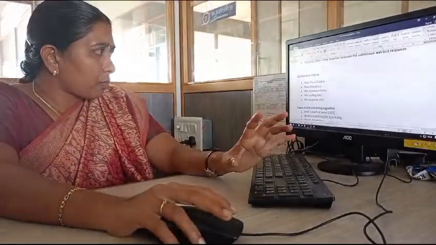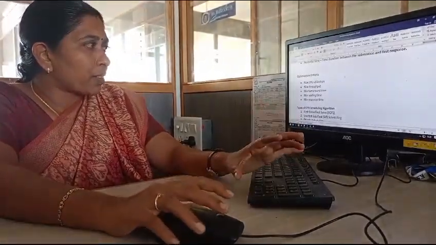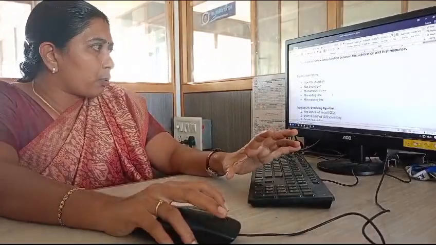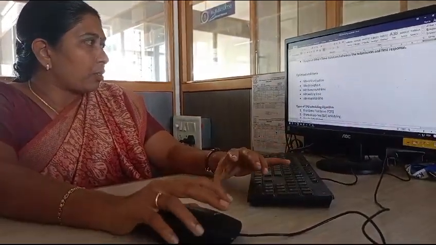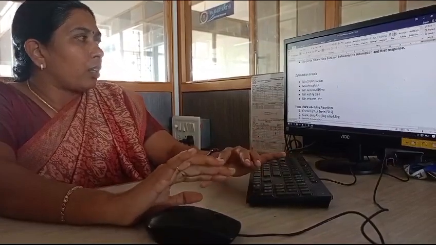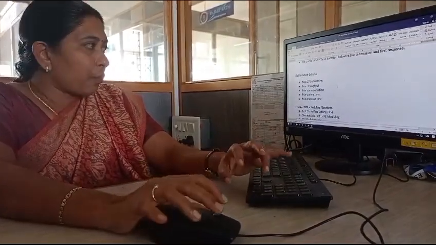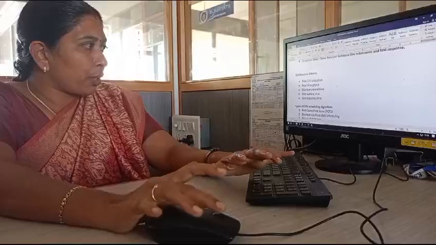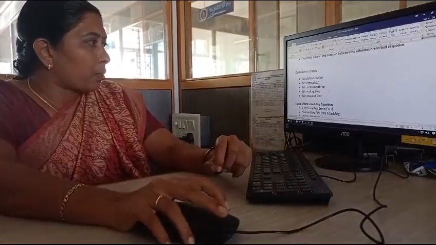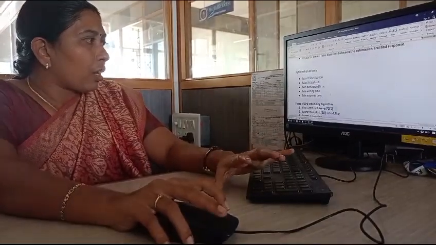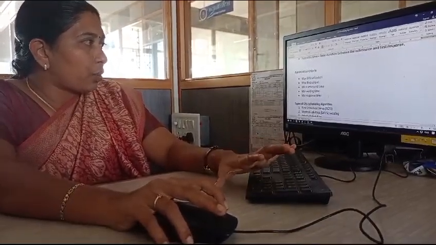For an optimized algorithm, these are the key points which are going to be evaluated. The first one is maximum CPU utilization, next is maximum throughput, minimum turnaround time, minimum waiting time, and minimum response time.